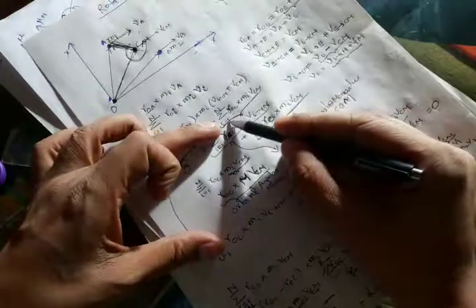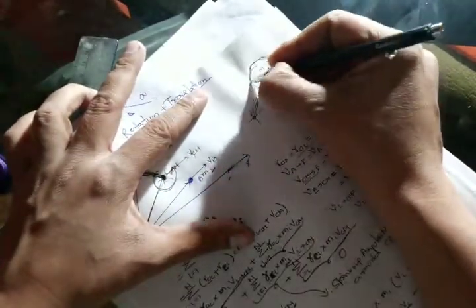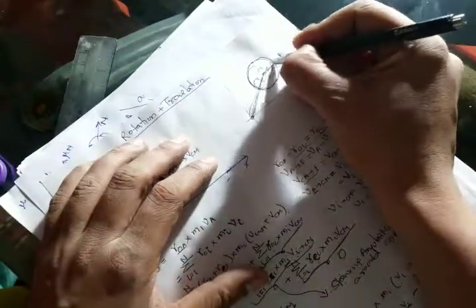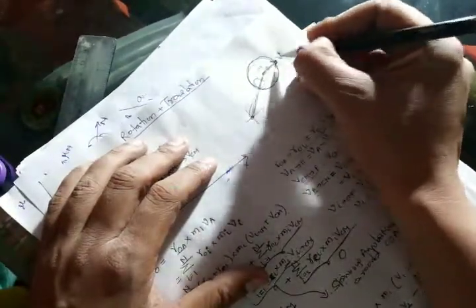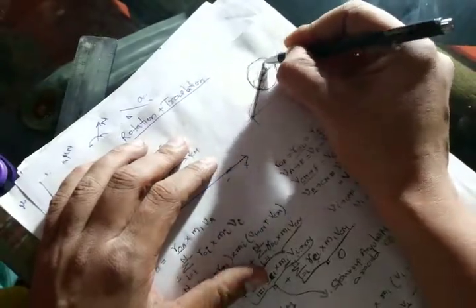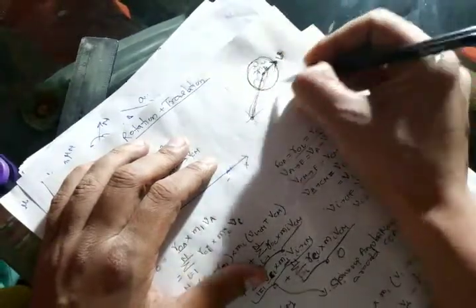And this one was for, suppose this was my wheel, and this was rotating with angular velocity omega and linear velocity v.